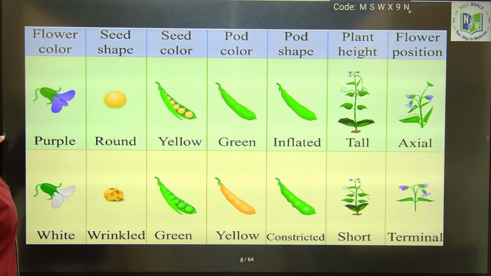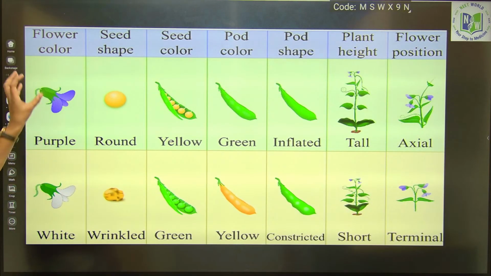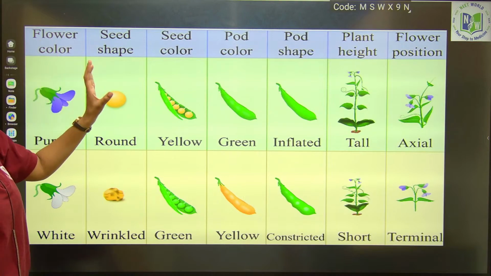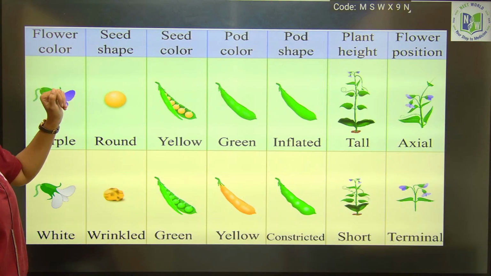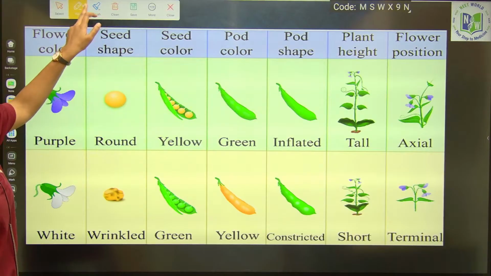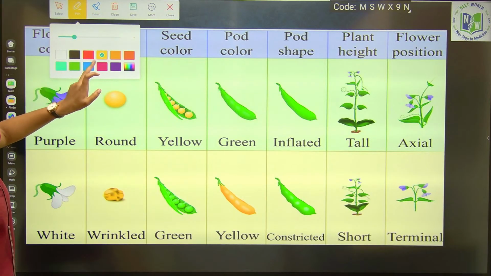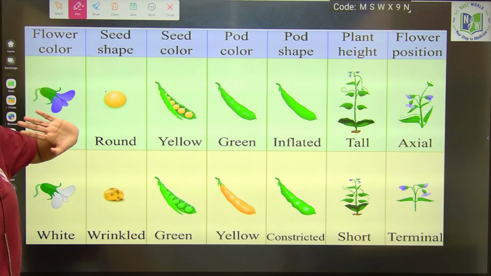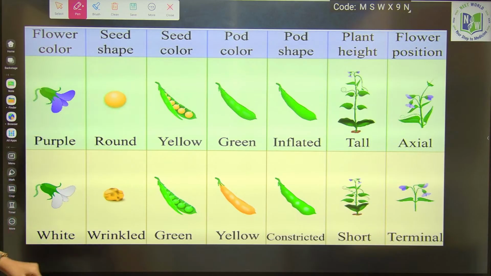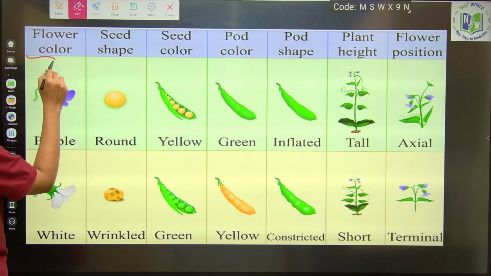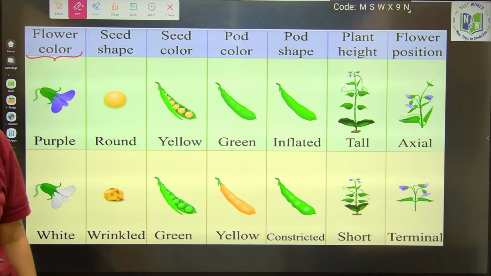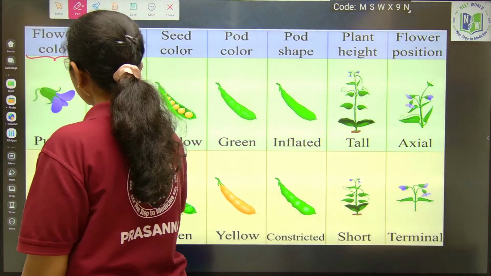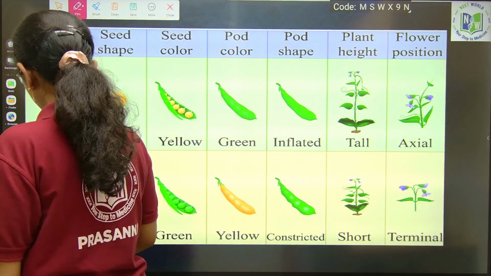Next we have flower color, seed shape, seed color, pod shape, plant height and flower position. Of all of the traits, you should be clear on which is dominant and which is recessive. If you consider flower color, dominant color is purple, recessive is white.